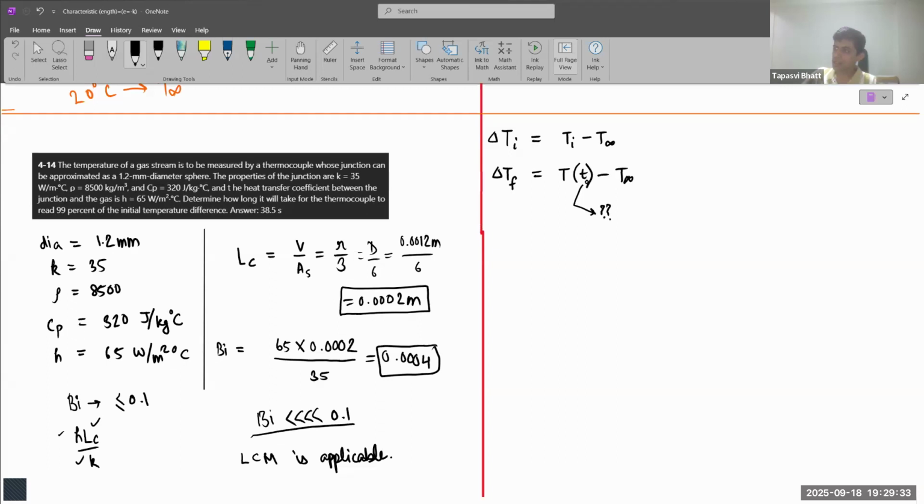Let's call it t naught. They're saying that when T at any time t minus T infinity over Ti minus T infinity is 0.01. You'll have to think a bit about why 99% of the initial temperature difference gives us this equation.